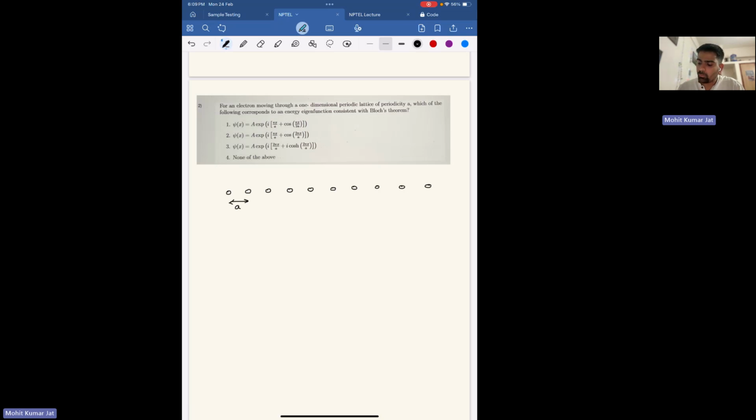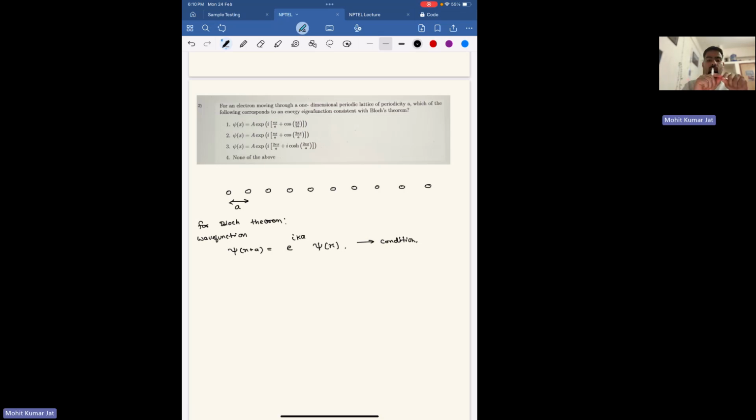Now for the Bloch theorem, for the wave function, we know that psi of x plus a will be equal to e to the power i k a psi of x. This is the condition for the Bloch theorem.